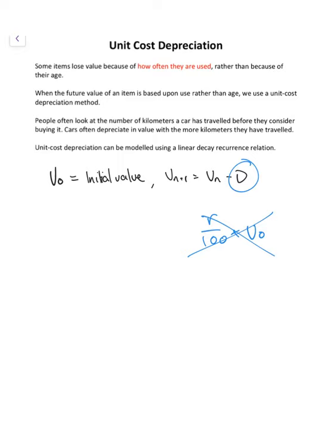For example, a photocopier may depreciate by $10 per 1,000 copies, let's say that. I don't know if that's true, but it's around that. So rather than calculating the rate, we just know that D is equal to $10 per 1,000 copies. Let's have a look at an example.